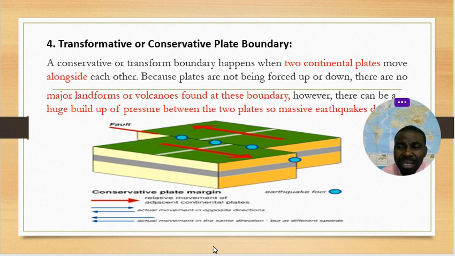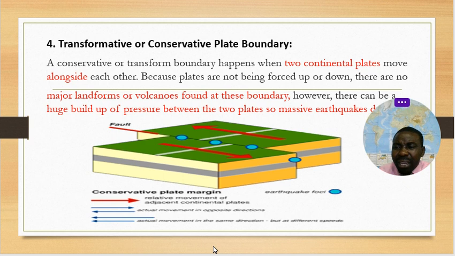So what this is telling us is that when there is build-up of pressure between these two plates, gigantic, disastrous, massive earthquake can happen here, because the plates are moving alongside each other. So there's a tendency for friction to occur. When friction occurs and the plates can no longer move freely, then there's going to be a hanging up between the two.